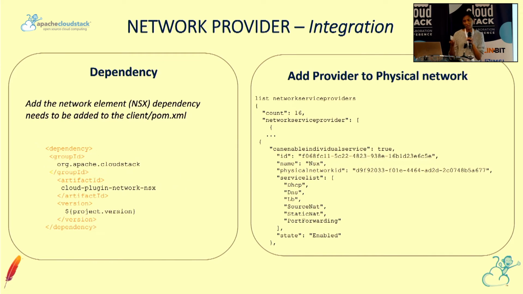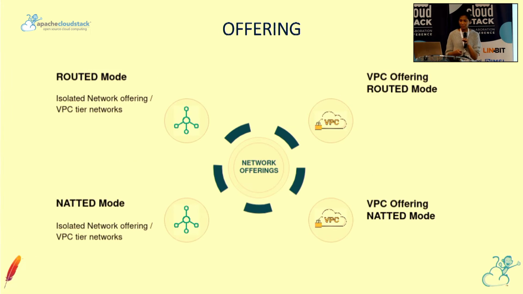And then you have to instruct CloudStack that there is a new provider, so point it to the relevant POM dependency, and finally, for CloudStack to actually be able to provide you the functionality, you need to add this provider to the physical network. So on a high level, that's what we've done, simple.